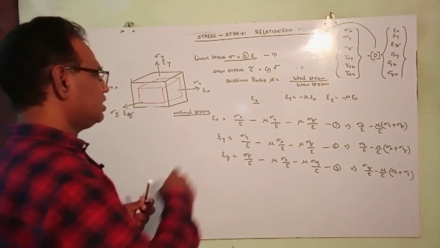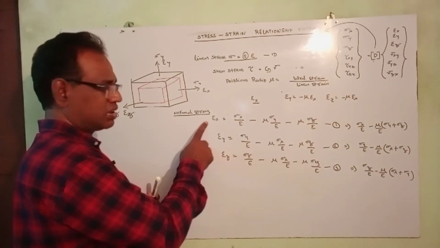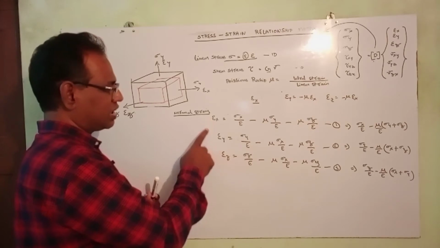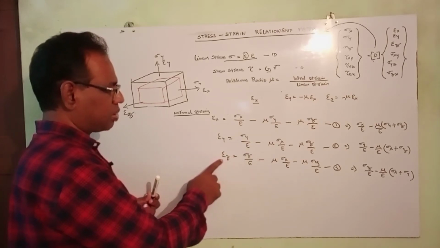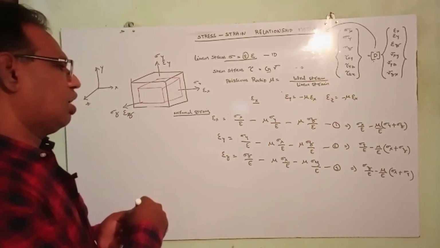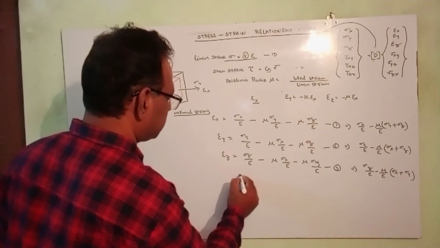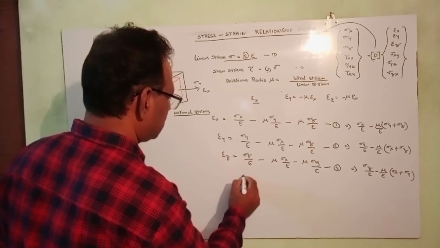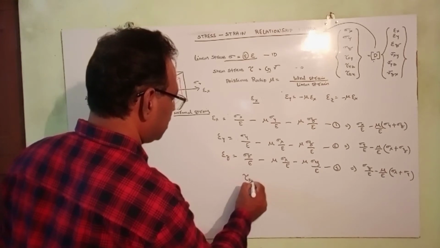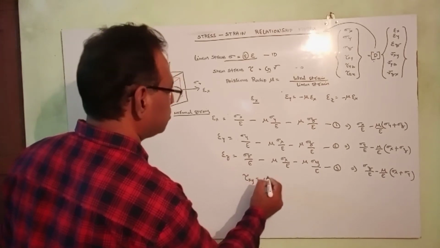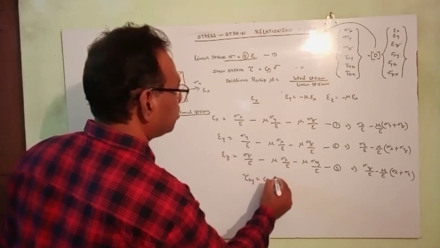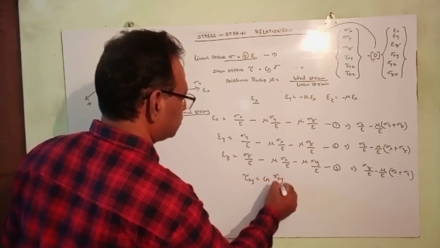These give the relations. What is epsilon x? The pure normal strain in the x direction, pure normal strain in the y direction, pure normal strain in the z direction. Now, what is the shear? Because of shear strain, tau xy equals G into gamma xy.